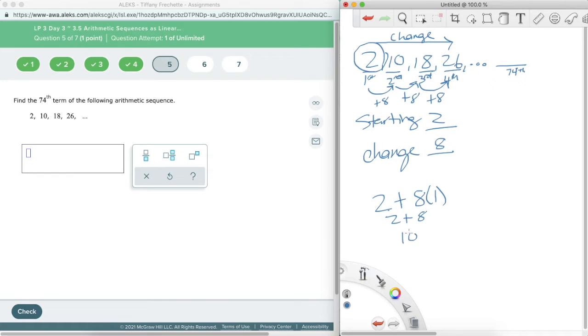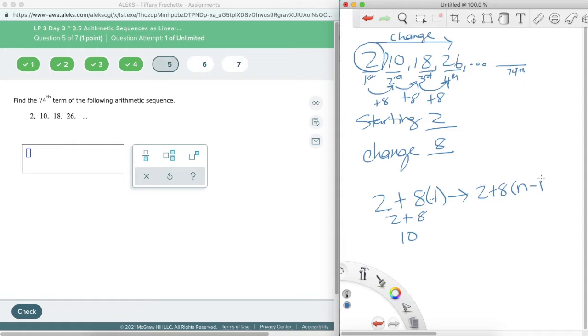Oh, wait, but that's the second term. So there's actually another little piece we have to take into account here. Instead of just times the term number, it's always n minus 1. So instead of just times n, I have 2 plus 8 times n minus 1.